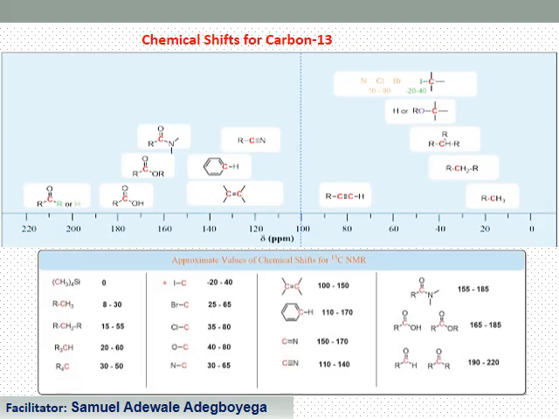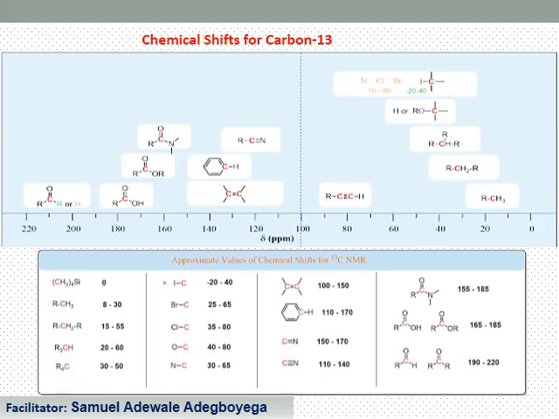If you look at the shift around 190, 196 or thereabout to around 220, that could be due to the presence of functional groups, which you'll be talking about. Maybe the ketone functional group. Yes, talk about ketone functional group or aldehyde functional group.